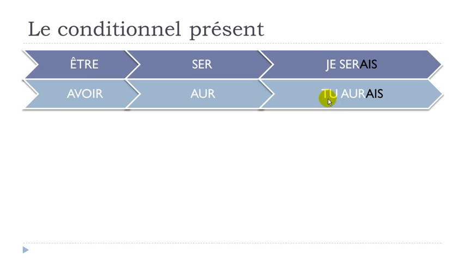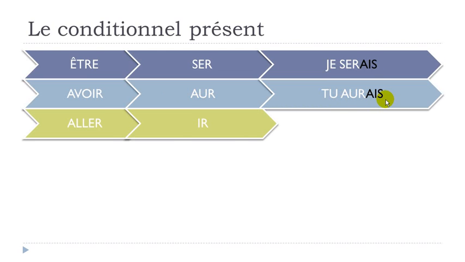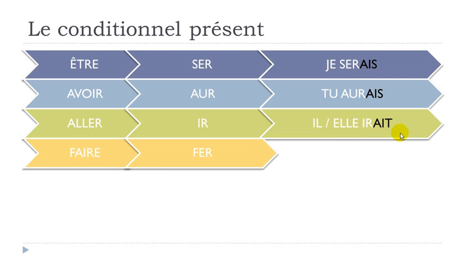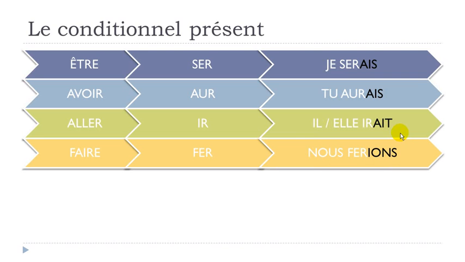Same thing here. After that, you will add all the endings. So, tu aurais. Aller will become ir. And you'll get il irait, elle irait. Faire will become fer. Nous ferions.